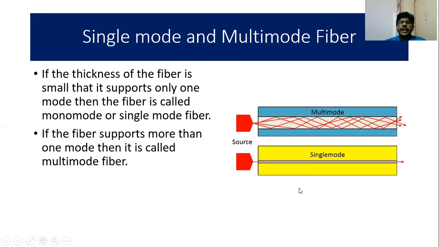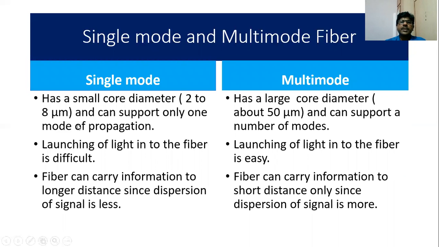Now, here the diagram shows what is a single mode and a multi-mode fiber. If the thickness of the fiber is small, then it supports only one mode, and the fiber is called monomode or single mode fiber. If the fiber supports more than one mode, then it is called a multi-mode fiber. You'll see the difference between a single mode and a multi-mode. Single mode has a small core diameter and can support only one mode of propagation.